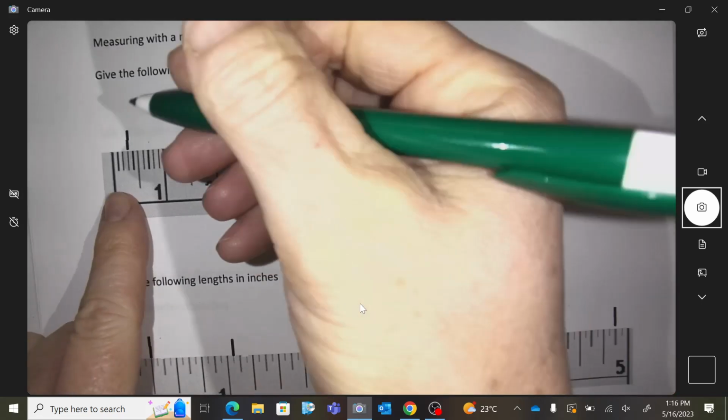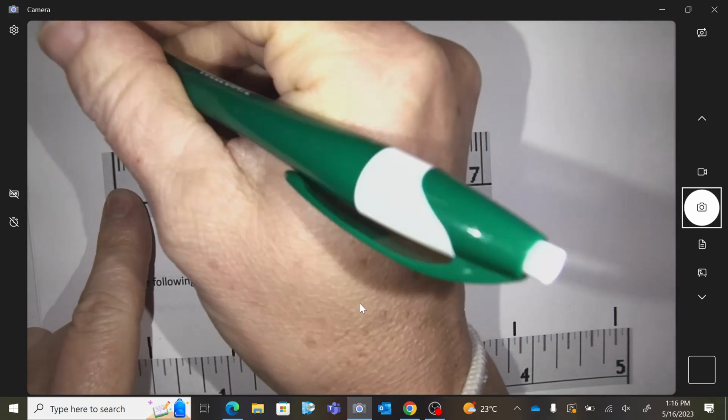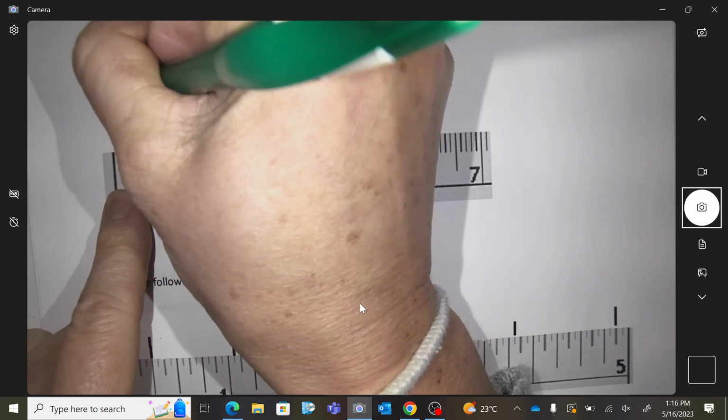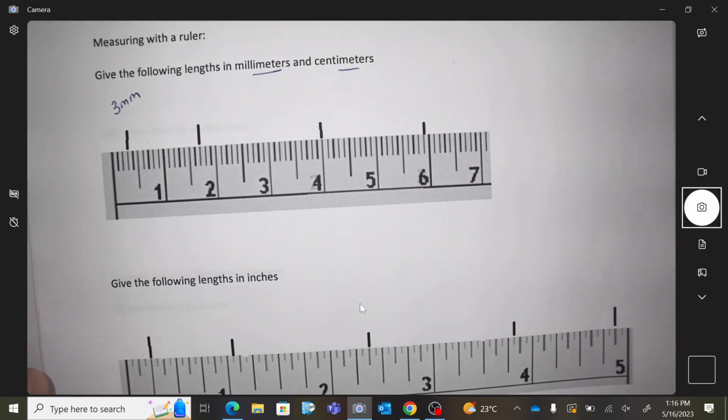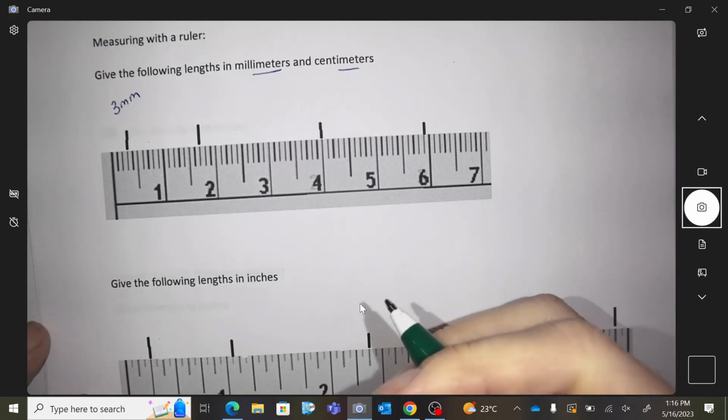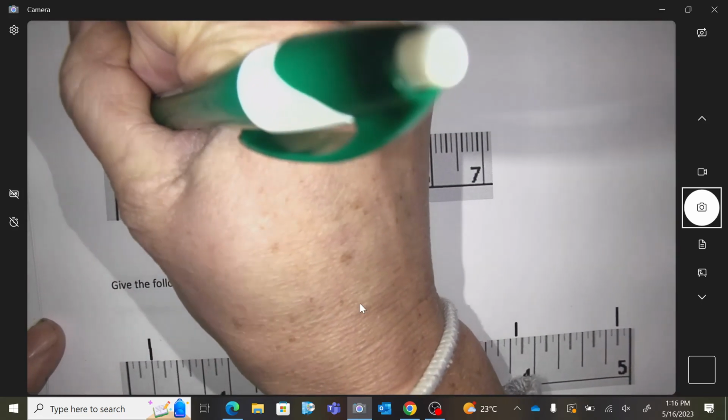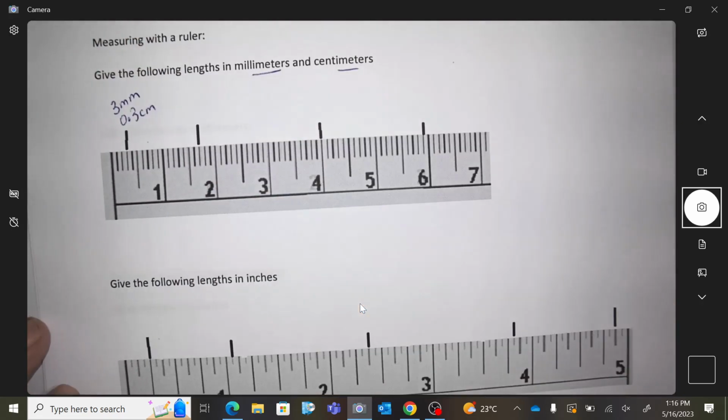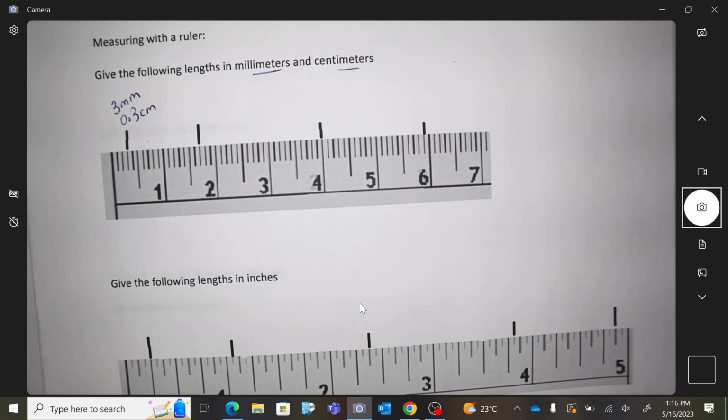So this would be 1, 2, 3 small ticks, so 3 millimeters, which is how much of a centimeter? 0.3. 0.3 of a centimeter. Okay, the next is how many millimeters?